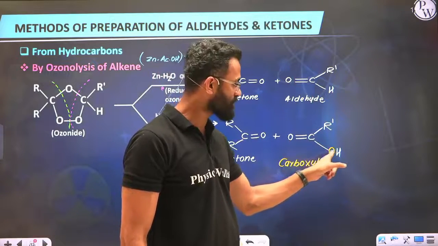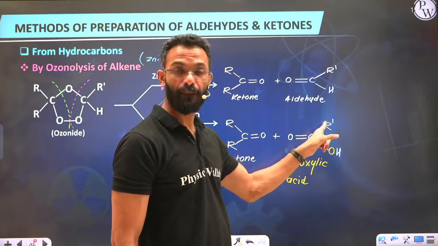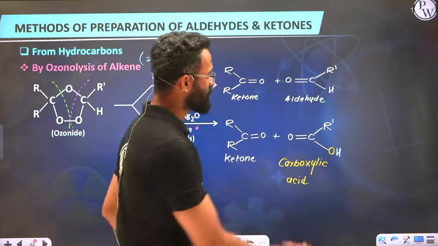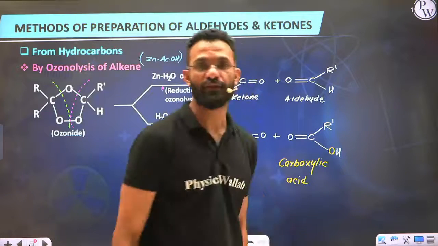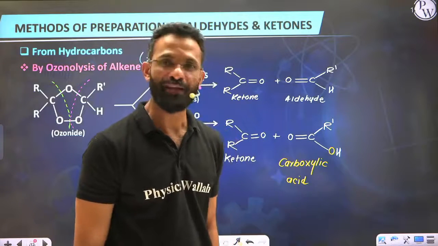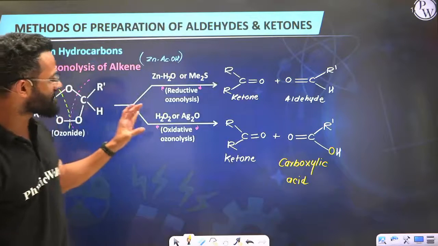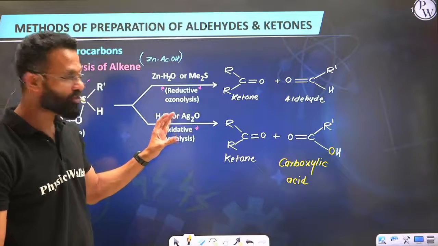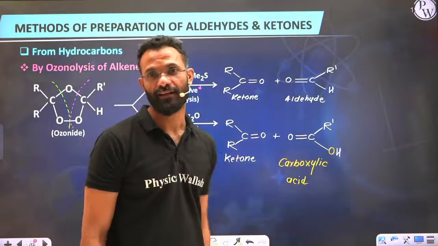Like this H got oxidized, even H here would have got oxidized, meaning that compound would have given you unstable diol, which would have decomposed further to give you CO2 and H2O. We will see one such example. Point here is, if your alkene is terminal alkene and if conditions are oxidative, you are not going to get carboxylic acid, you will get CO2 and H2O.